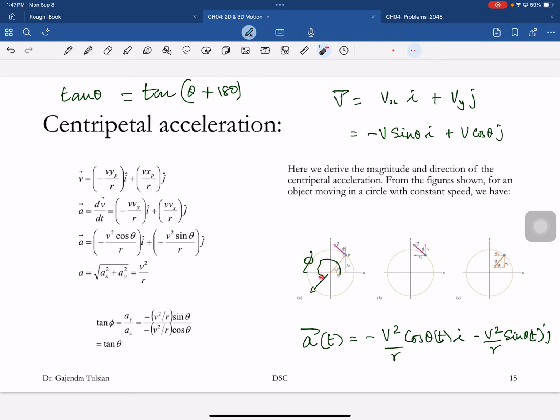So phi is theta plus 180 degrees. So the acceleration vector is pointing towards the center of the circle. Okay, that's what this shows you. Anyway, so there's the magnitude of the acceleration, and the direction of the acceleration, it's towards the center of the circle.